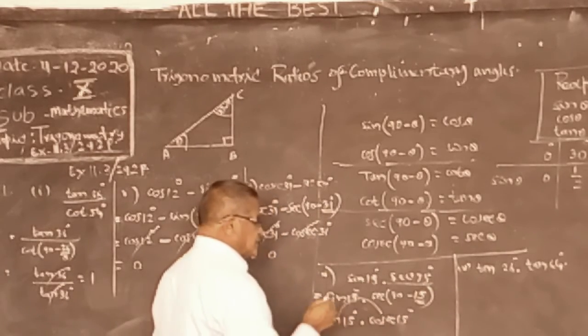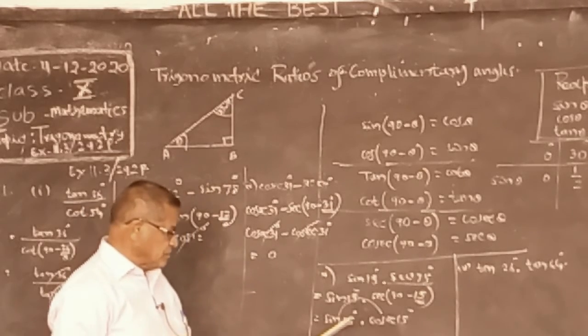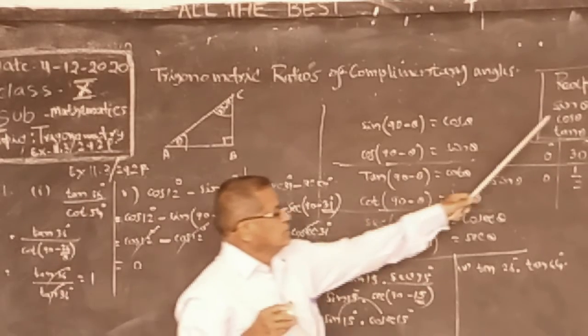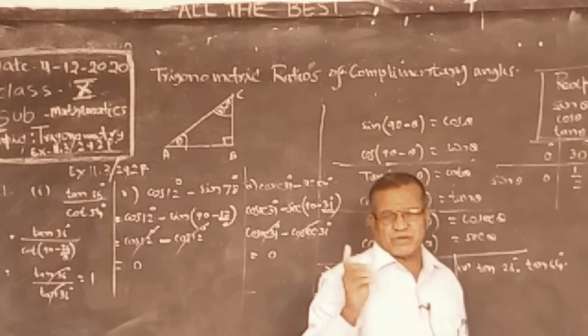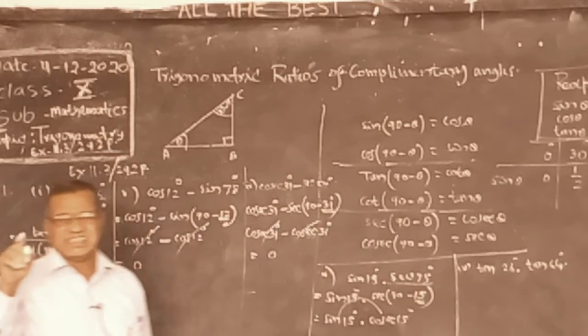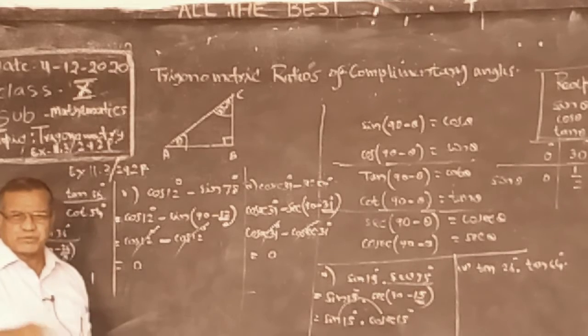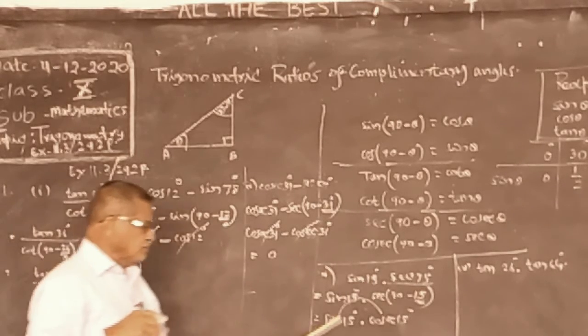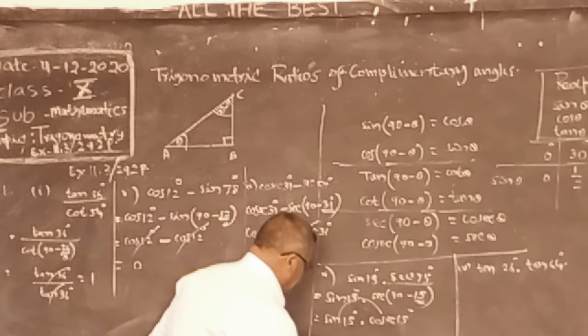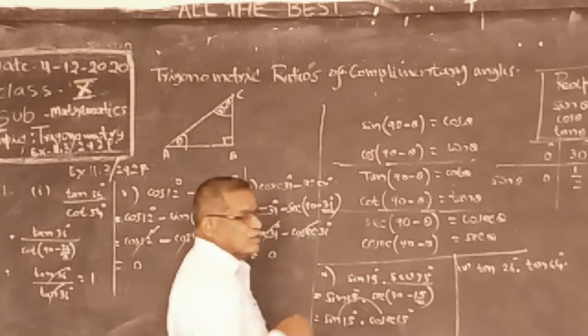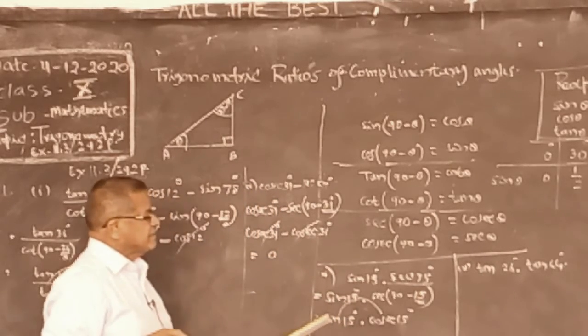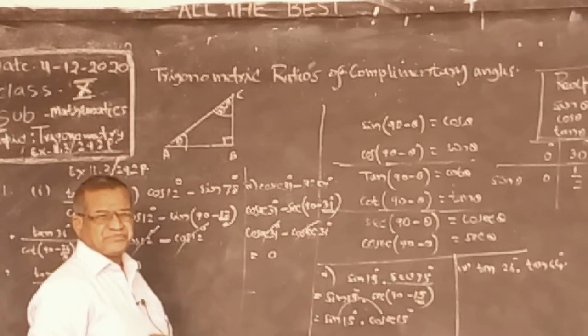But these two are reciprocals. The product of reciprocals is 1. X into 1 by x, the x cancels, and the result is 1. Since sin theta into cosec theta is 1.